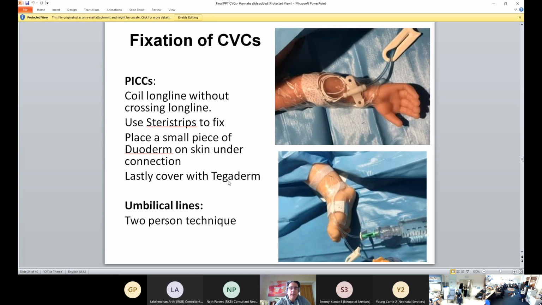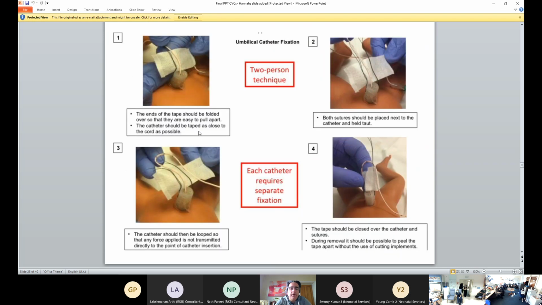For the umbilical lines, this is the local guideline here. So you fold over the ends of this tape. You fold it to make it easy later on if you wanted to open it, and then you thread the stitches and the line.